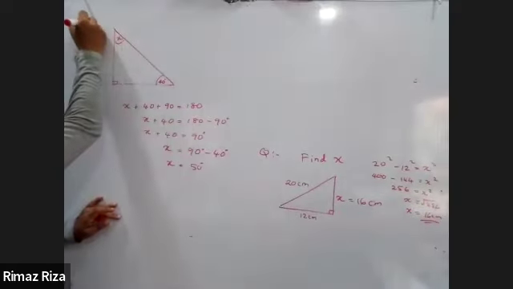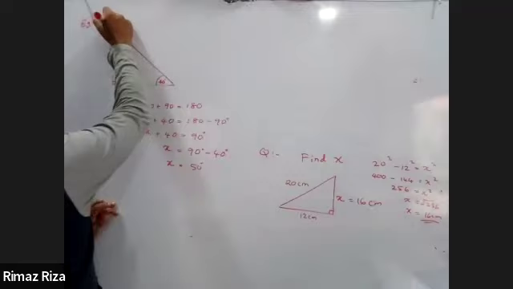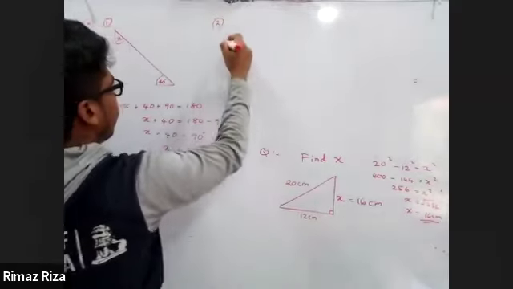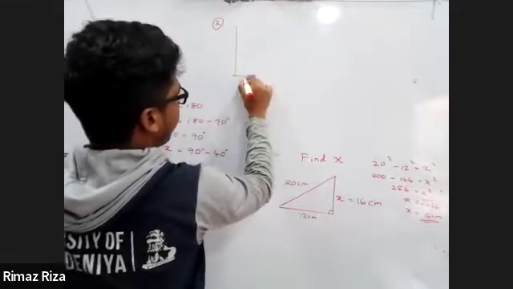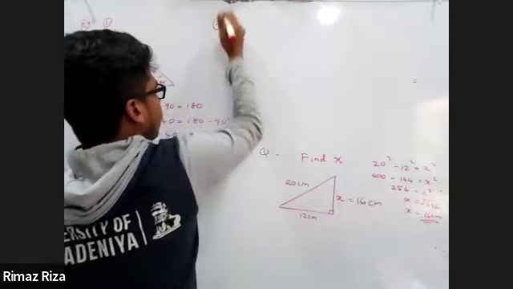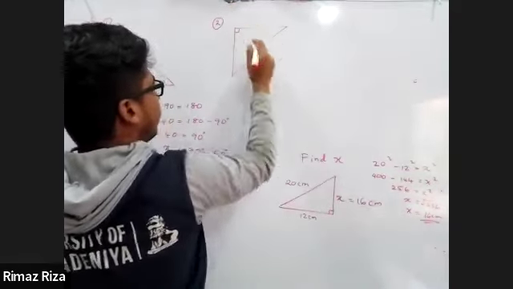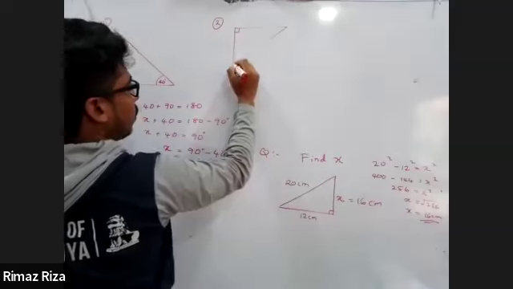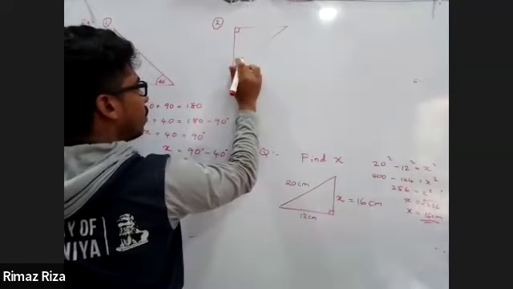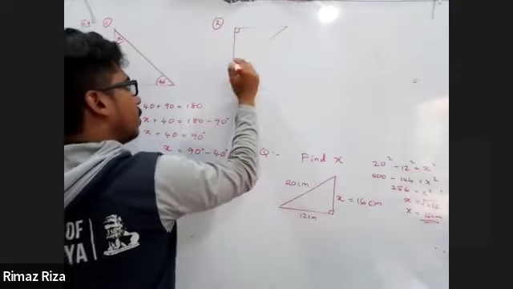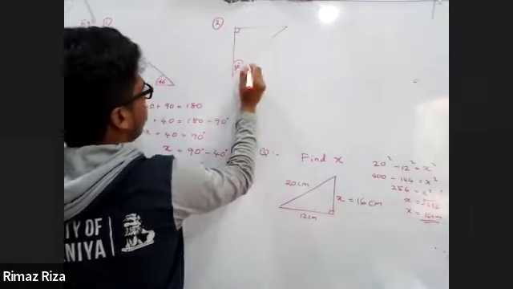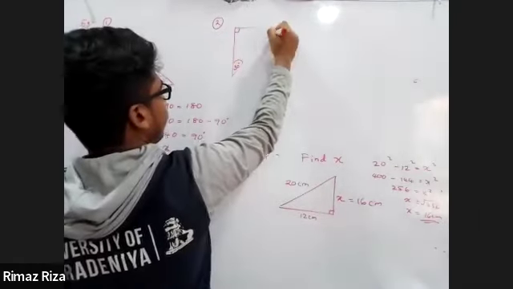These are examples. Example 1, 2. Okay. So again, I have a right angle triangle. I take this angle 30, and this is x.